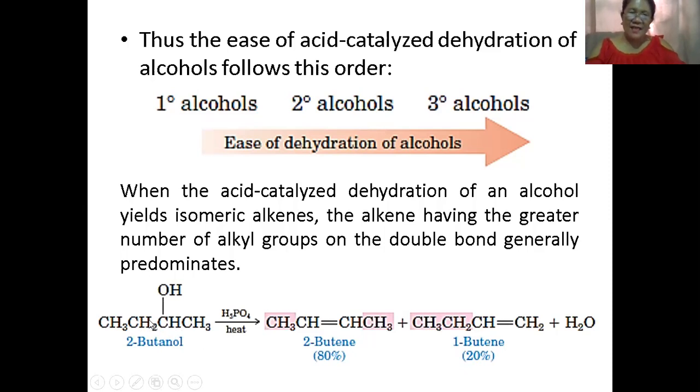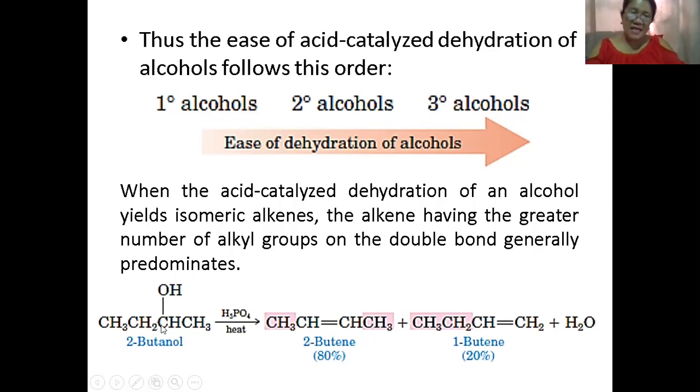So if we take this side, then the adjacent carbon is here. Therefore, one hydrogen here will combine with your OH to form H2O. So you will have CH3, then CH because you take one hydrogen, therefore it will be a double bond.